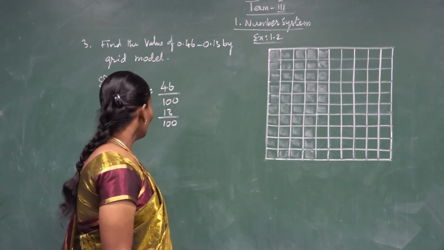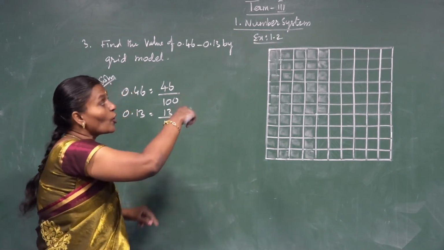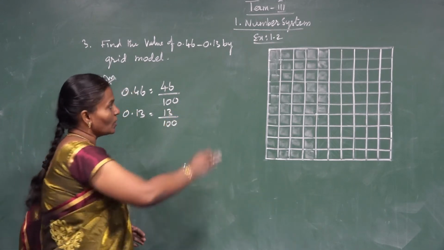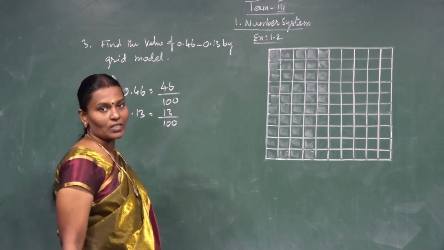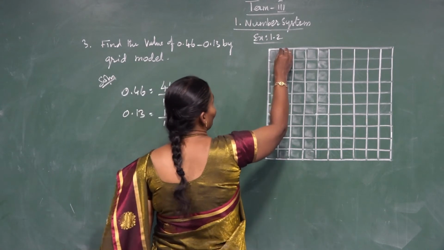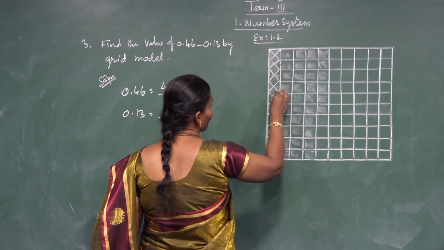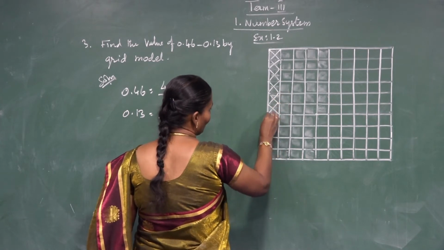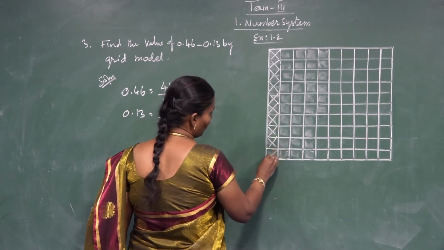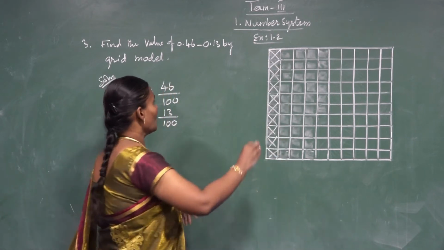Okay, now for this 13 out of 100, you have to cross the 13 boxes in the shaded boxes. Okay, so see 13. So first row, first column fully, that is 10 boxes. Cross these 10 boxes. Remaining 3.